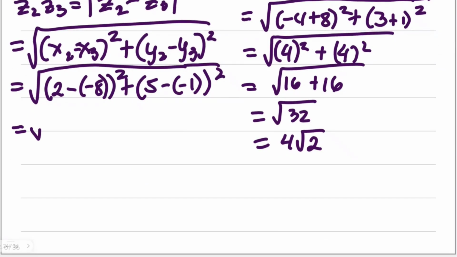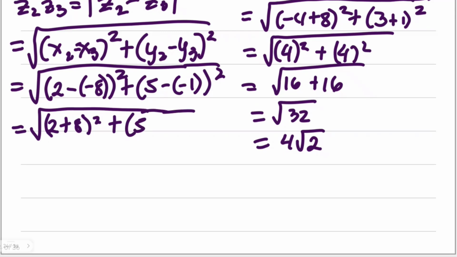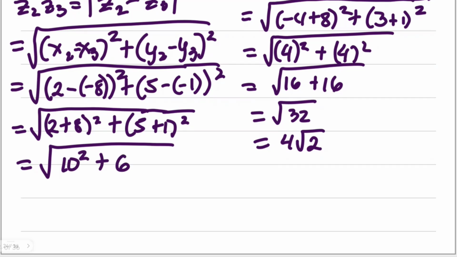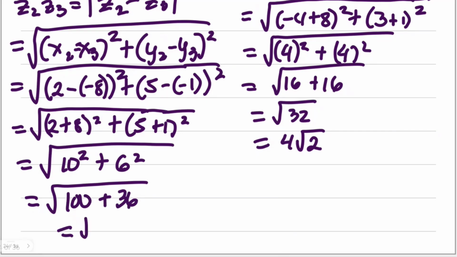So you have the square root of 2 plus 8, and 5 plus 1. This is 10 squared plus 6 squared. You'll be given 100 plus 36. That's the square root of 136.